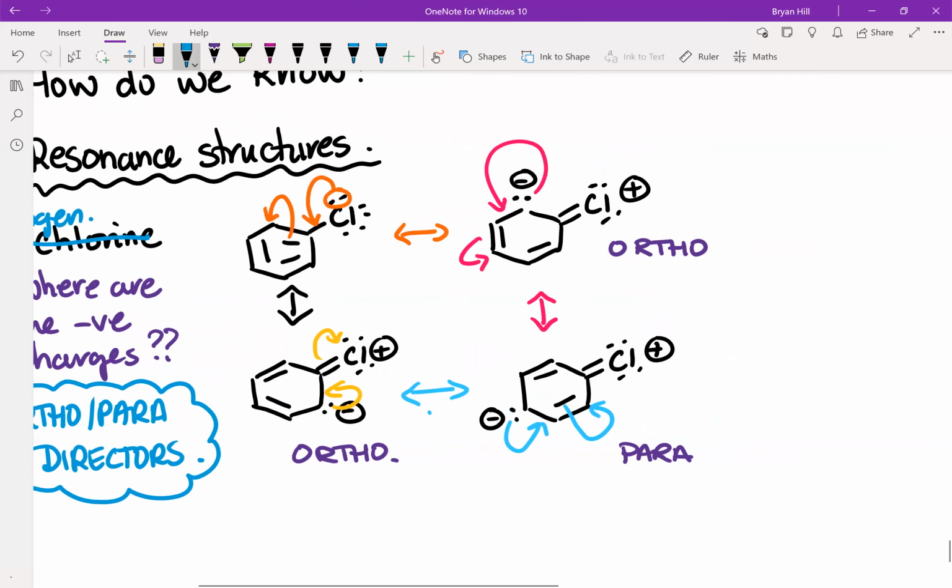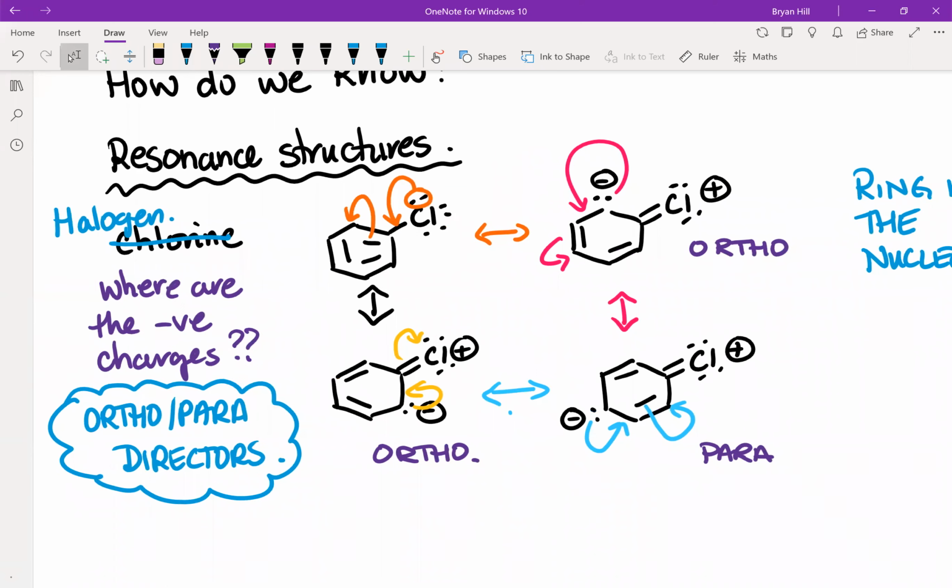And so remember, for these reactions, the ring is the nucleophile. And look, we've got negative charges, which would do the attacking ortho and para. So it's beautiful. So you always have a negative charge where the ring attacks from.